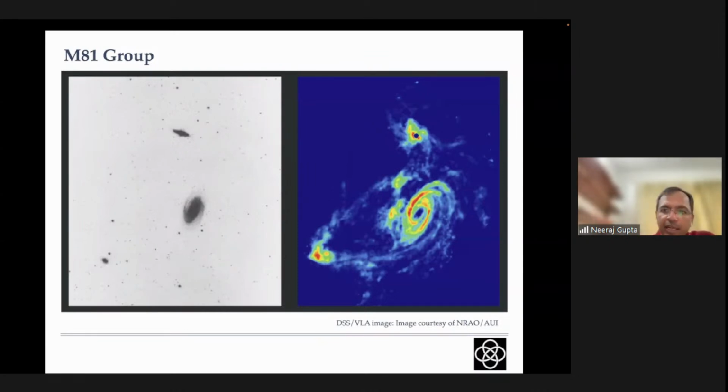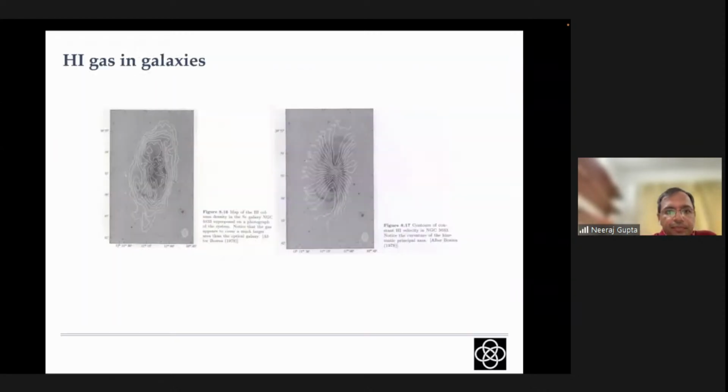So it presents much more cross section here, right? So neutral hydrogen observations of galaxies are a very effective way of understanding galaxies and their evolution.